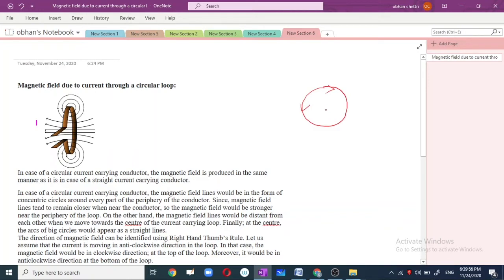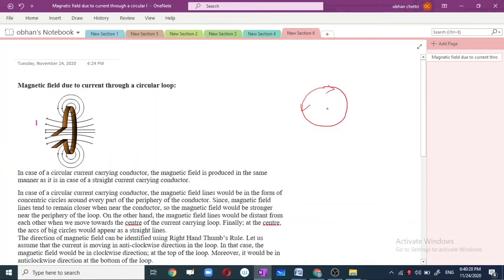When a current is passed through a straight current carrying conductor, the magnetic field produced is in the form of concentric circles. This is a very important point to remember. After that, for the direction of the magnetic field, the right hand thumb rule is applicable.